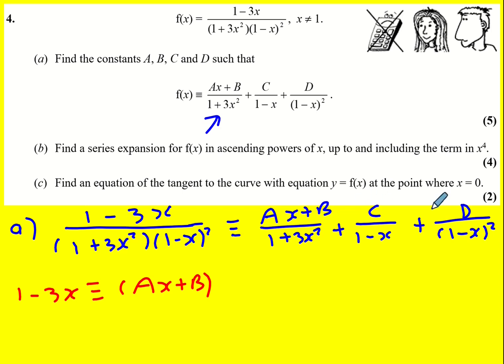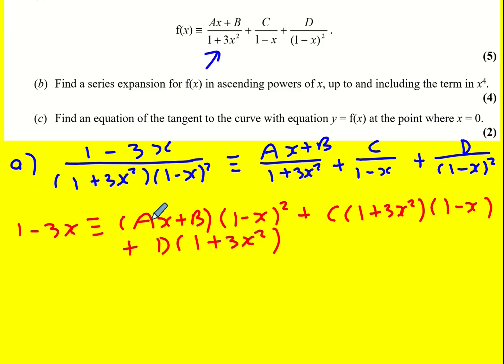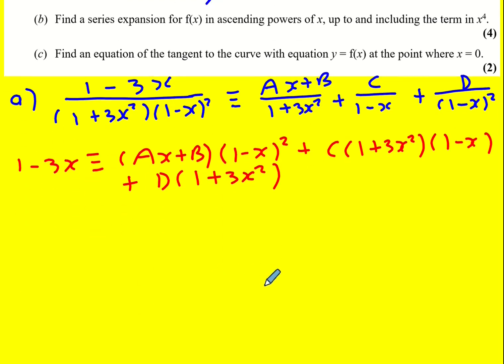Notice we have 4 coefficients to find. Okay, that's our identity that we need to deal with.